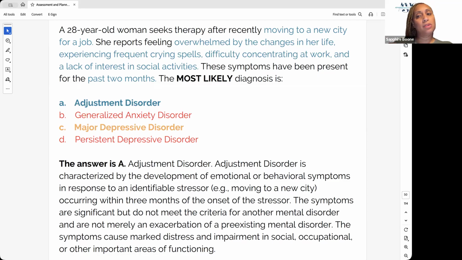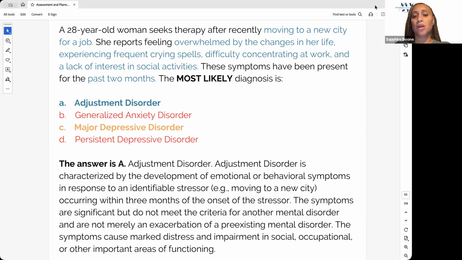Remember, typically with major depressive disorder, it's not necessarily tied to maybe just one thing. It might just be more of a depressed mood or depressive symptoms, and we're looking at that time frame of 2 weeks, and we're looking at all of those things, right? You have to have, I believe it's three, if I can remember, 3 or 4 of the symptoms out of the list, right?